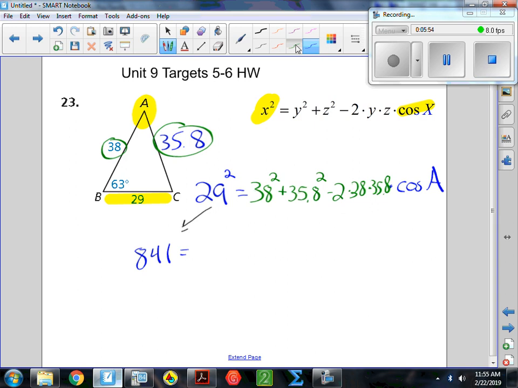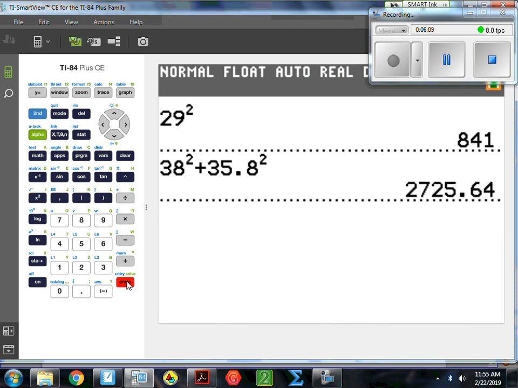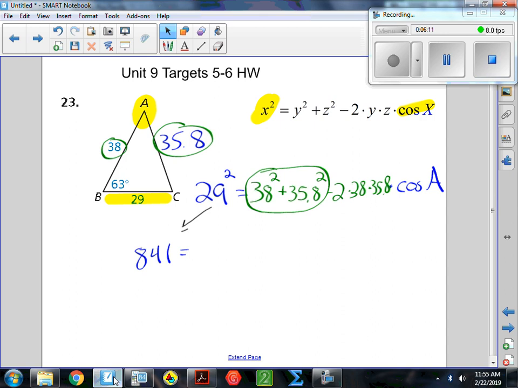That's going to equal, this first part is 38 squared plus 35.8 squared. It's 2725.64.